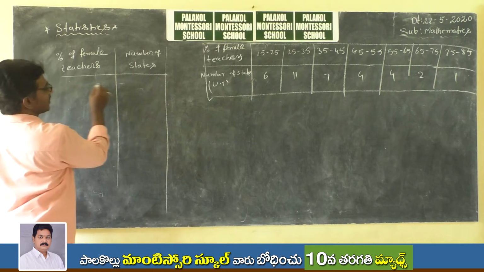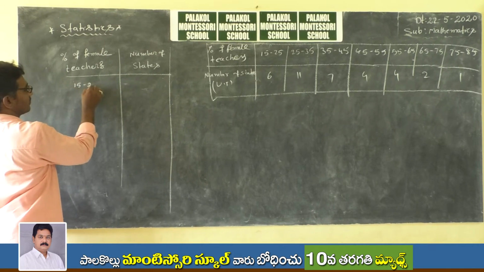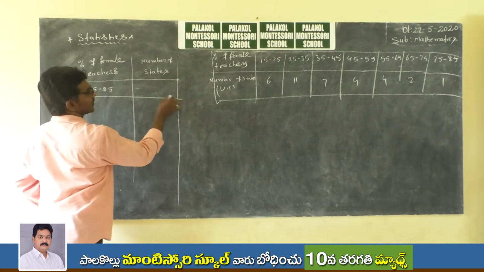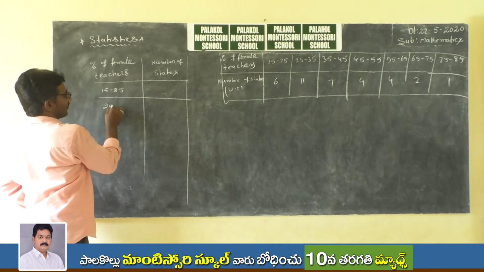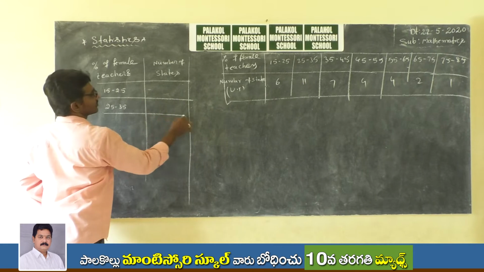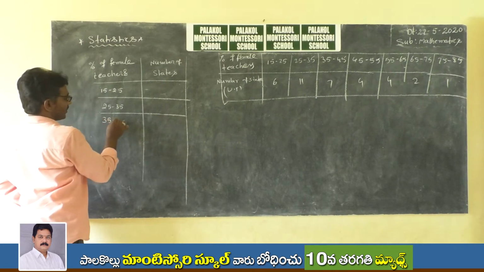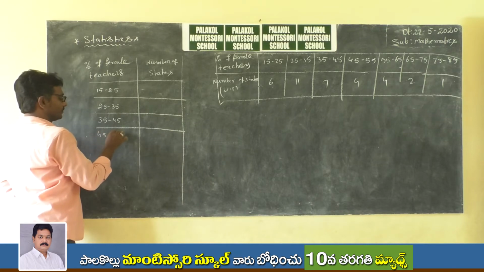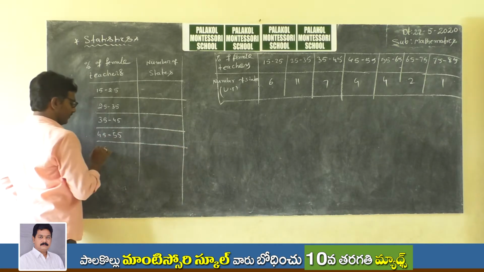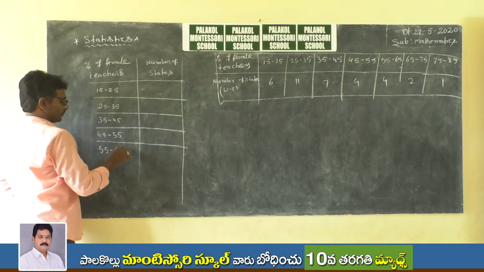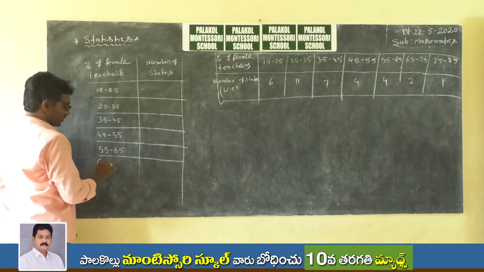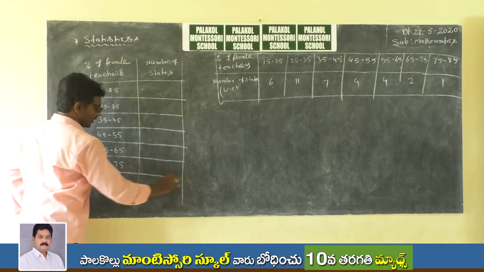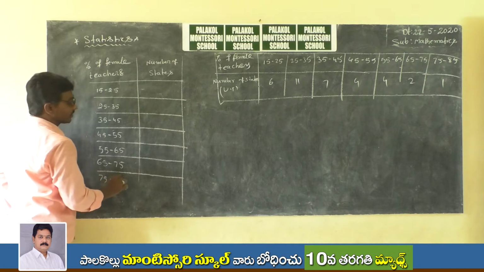First I write 15 to 25, 25 to 35, 35 to 45, 45 to 55, 55 to 65, 65 to 75, 75 to 85.